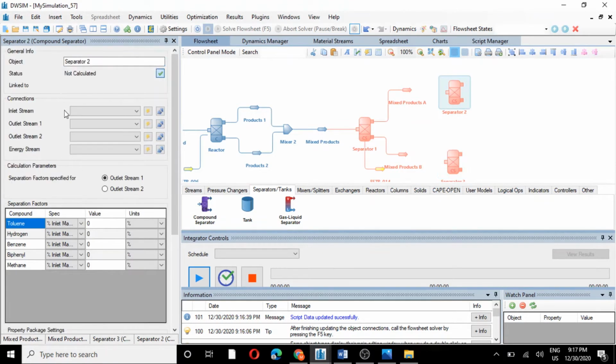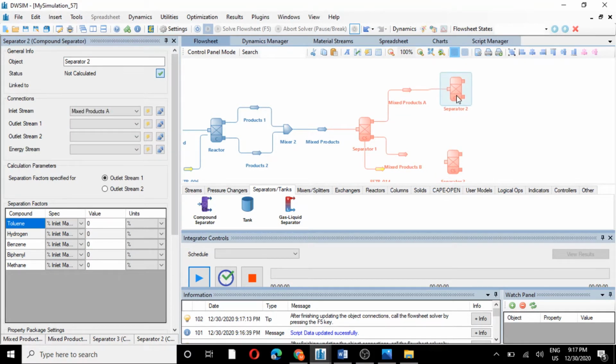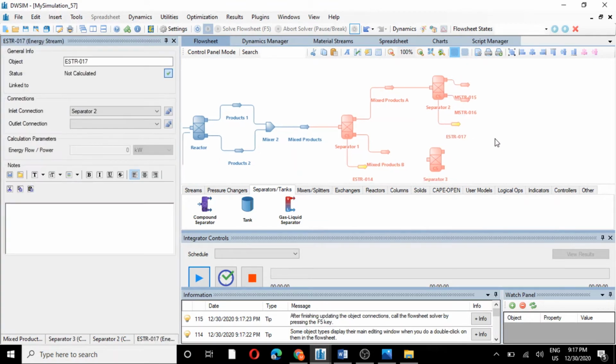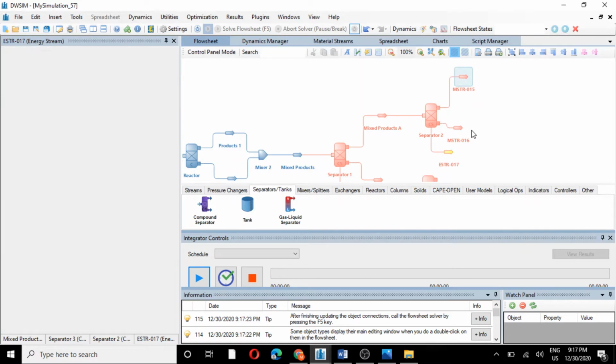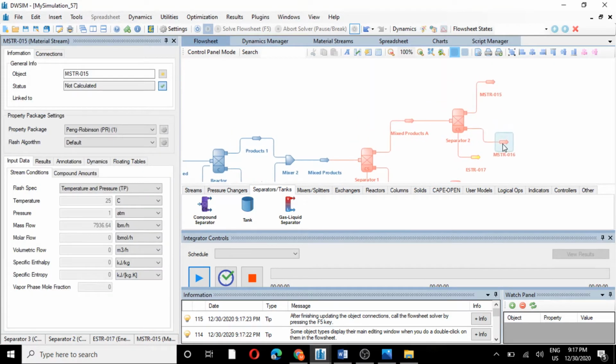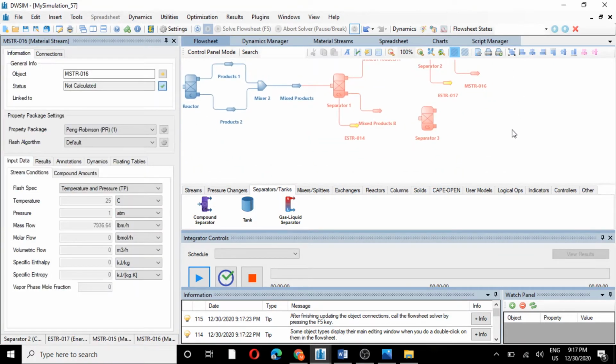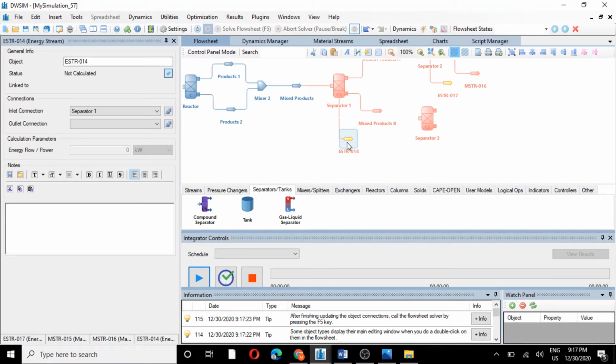For the inlet stream, connect mixed products A, and have 2 outlet streams and an energy stream. With this one, I'm just going to fix this.